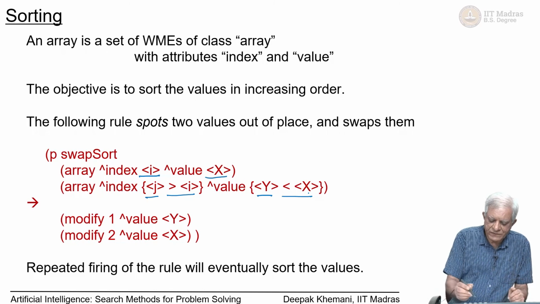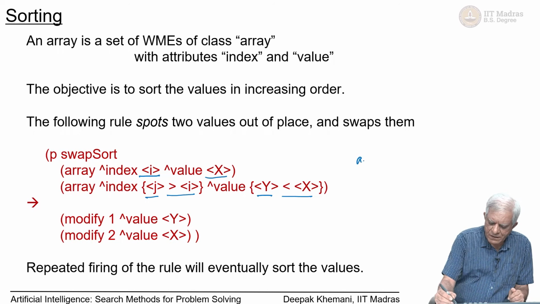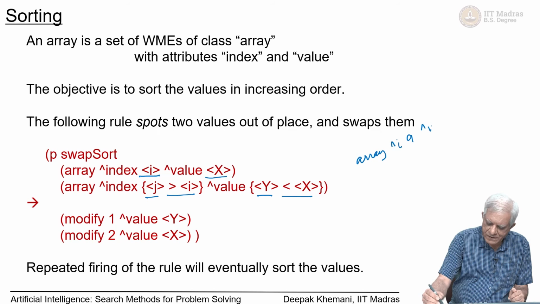So, what have we done? We have swapped this record which was at the ith index. So, for example, array index 9 and value 6. Let us say this is one record, and there is another record whose index is more than 9.